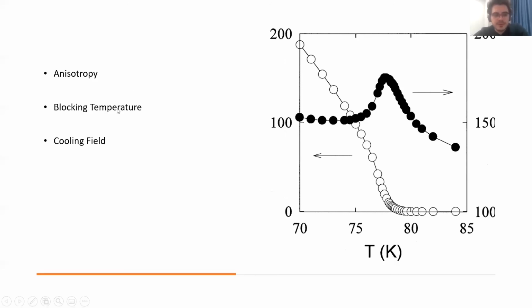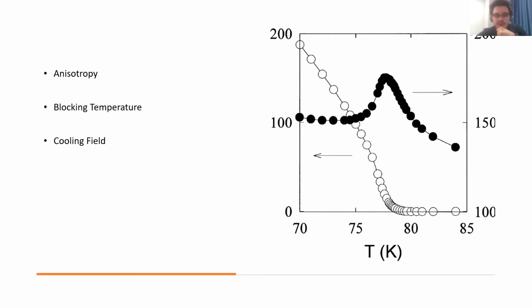Also, anisotropy, blocking temperature, and cooling field may have an effect on the exchange bias characteristic of materials. Increasing anisotropy, basically in antiferromagnets, increases the exchange bias characteristic of materials, as shown in the previous theoretical models. All models predicted that before. Blocking temperature is the temperature above which the exchange bias field is not observed.